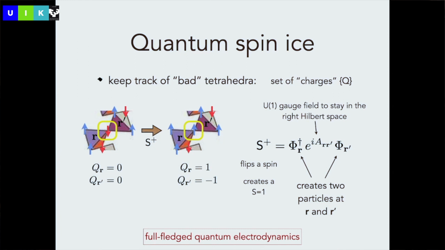Here we create two particles, one at R and one at R prime, when we flip a spin. So S plus corresponds to flipping a spin, right? And we create two charges, okay, which are described here. And so we cooked up this thing. I was mentioning that this parton choice, the way you decompose your spin, is up to you, and you could mix however much you wanted.